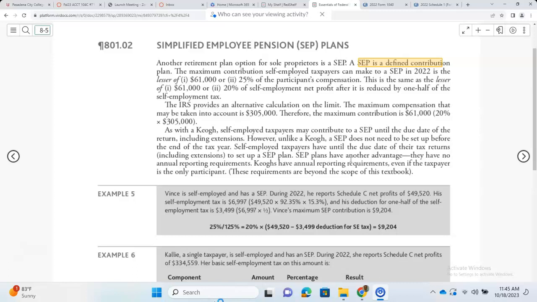SEP plans have another advantage. They have no annual reporting requirement. Q plans have an annual reporting requirement, even if the taxpayer is the only participant. So a SEP doesn't have its due date before the end of the year, and also has less reporting requirements compared to a Q plan.